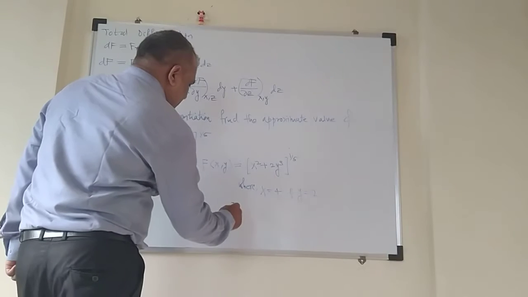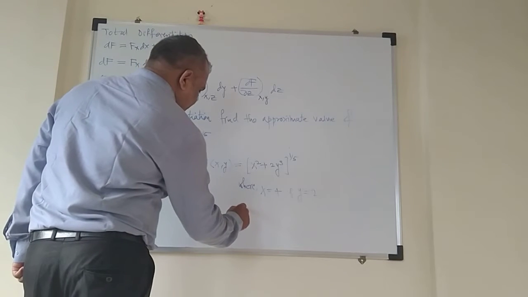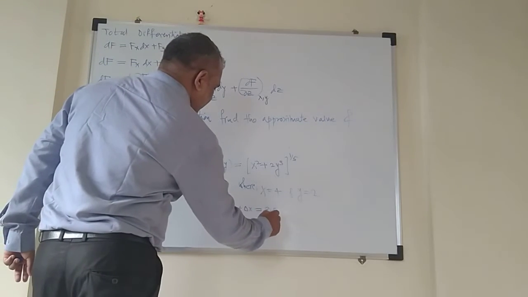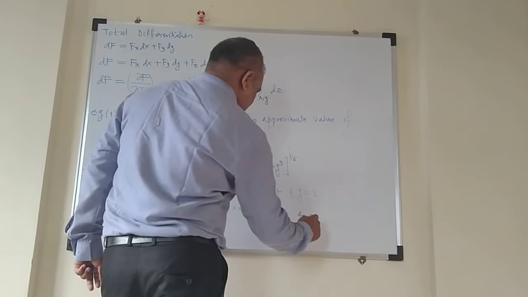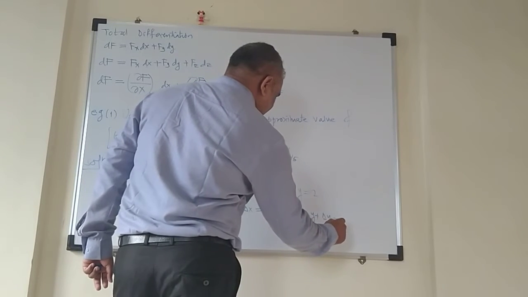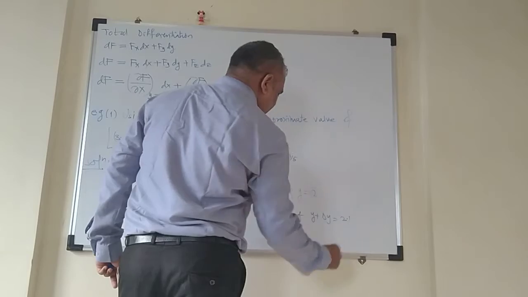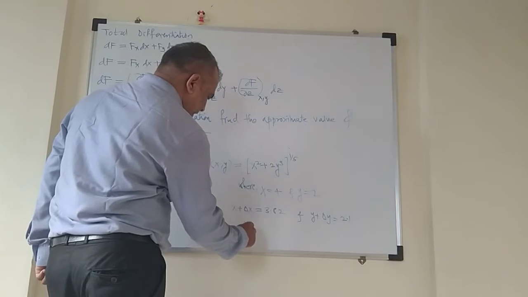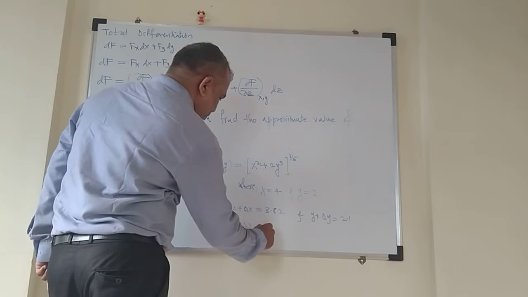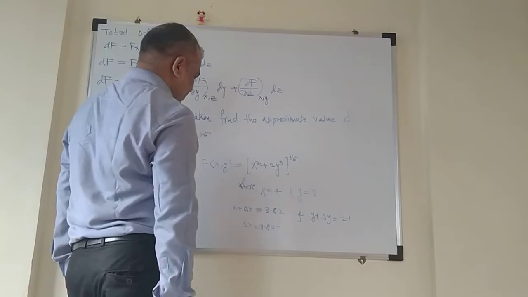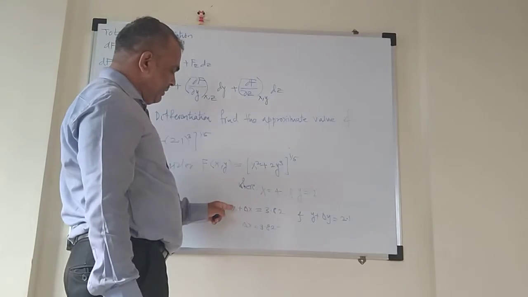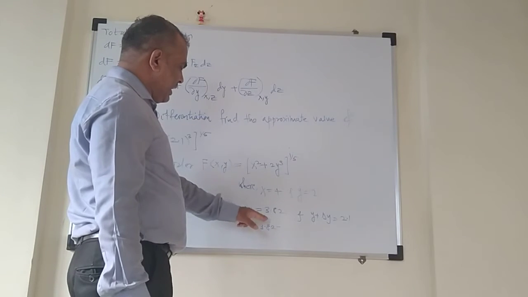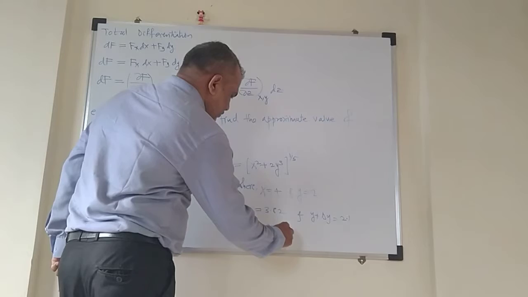Fine. So x plus delta x is equal to 3.82 and y plus delta y is equal to 2.1. Now you can calculate the values of delta x and delta y. Delta x is equal to 3.82 minus x, but the value of x is 4.